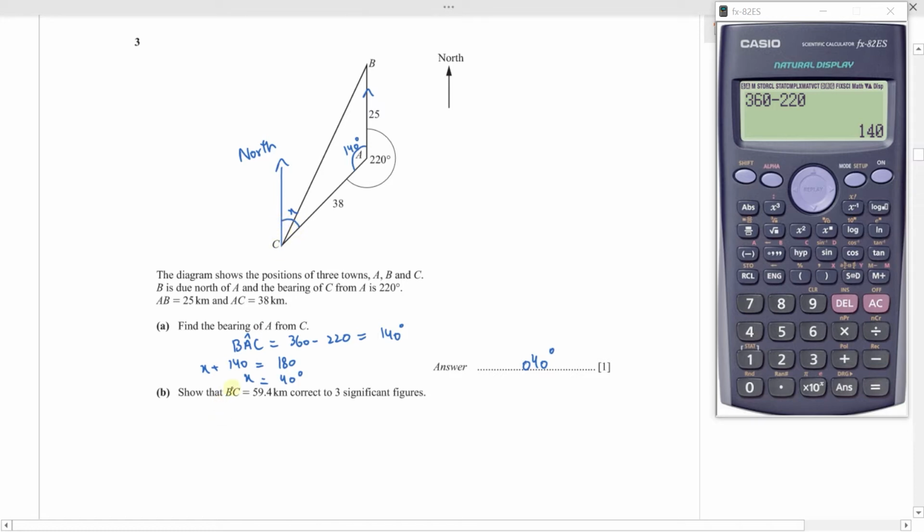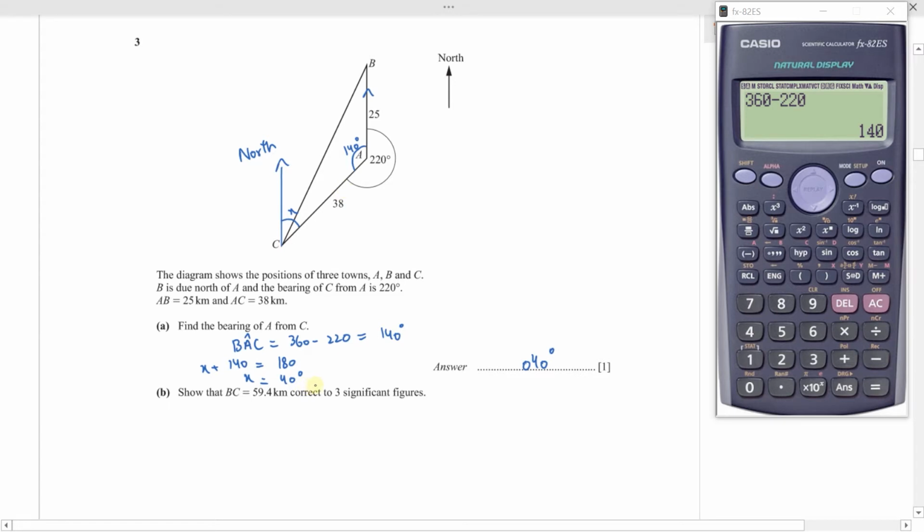The next part is: show that BC equals 59.4 kilometers, correct to three significant figures. Now if you look at triangle ABC, I know the lengths of two sides. This side is 38 kilometers, this side is 25 kilometers, and the angle between them is 140 degrees. I have to calculate the length of side BC, which is opposite this angle.